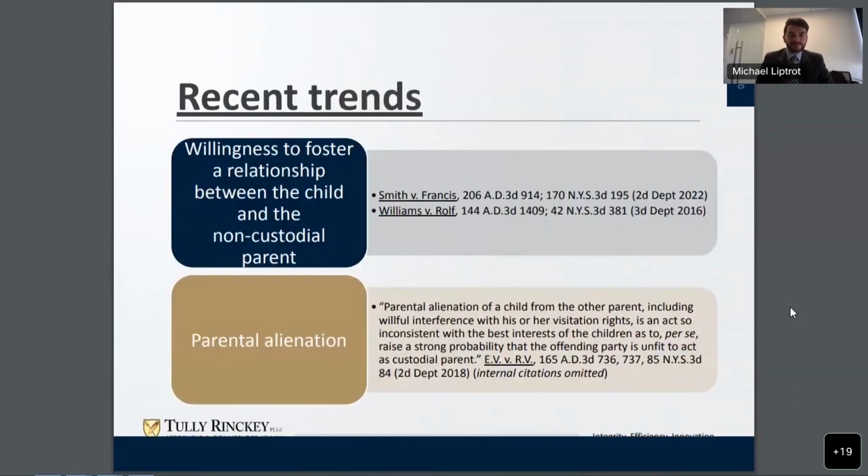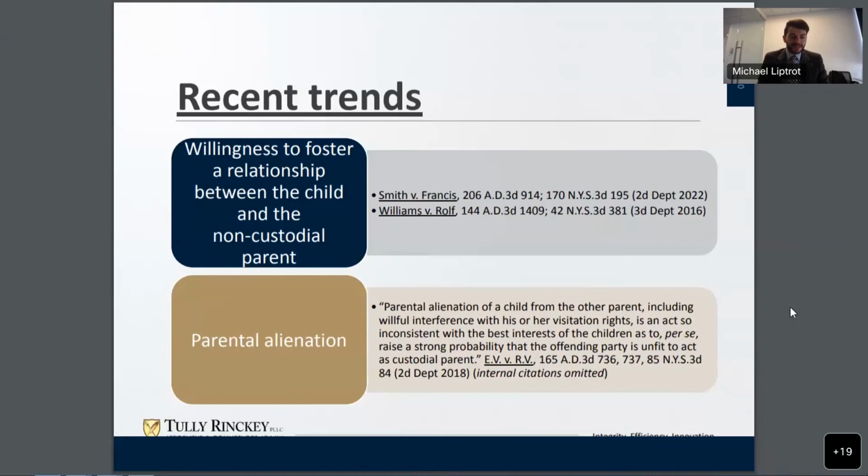Okay, and so here, I was just looking at some cases recently. The big trend that I've seen, one major factor that's not specifically listed in our seminal cases but is very important to the court and to the parties, we see it all the time: this phrase, parental alienation.